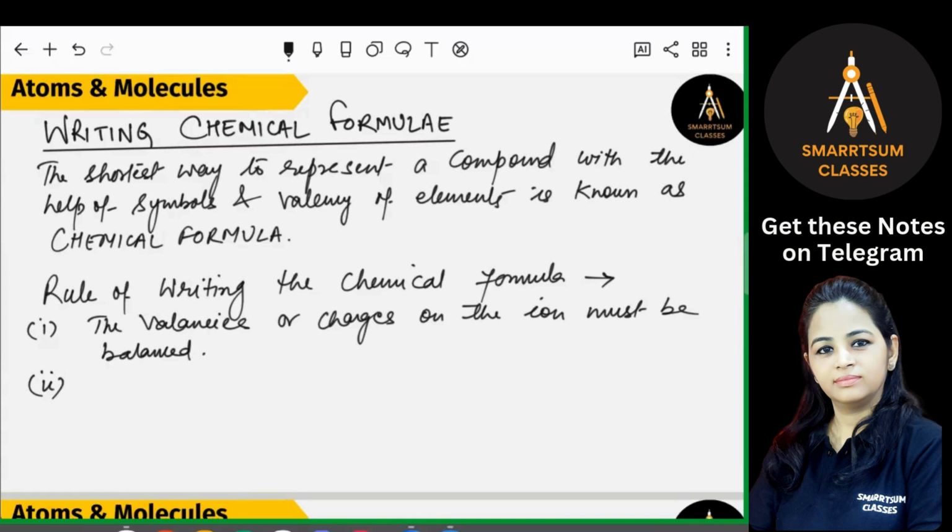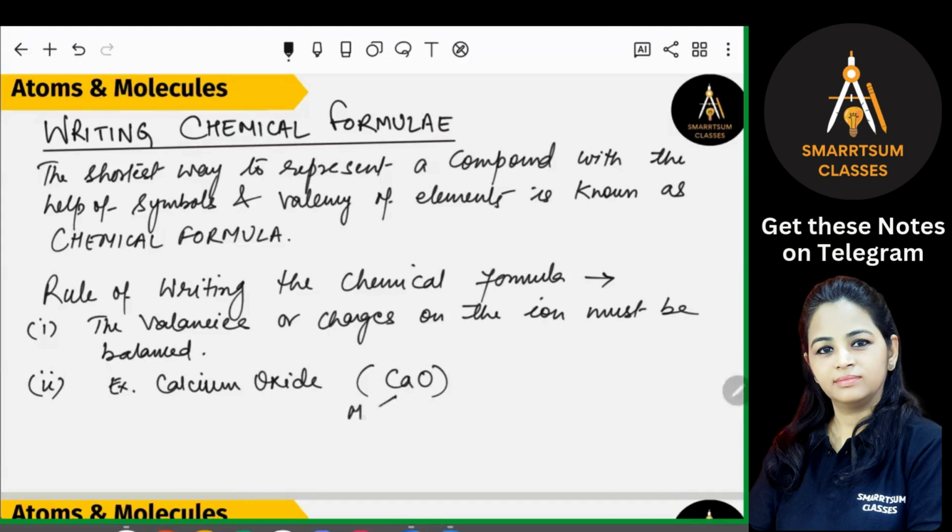For example, if we talk about calcium oxide, how do we write it? CaO. Whenever a compound consists of a metal and a non-metal, oxygen is a non-metal, calcium is a metal. The symbol of the metal is written first on the left side, whereas the non-metal on its right side.